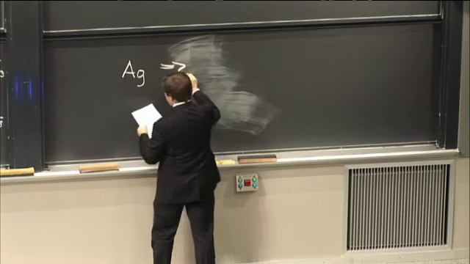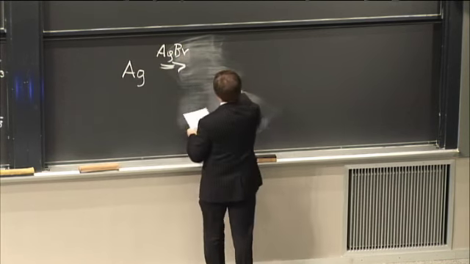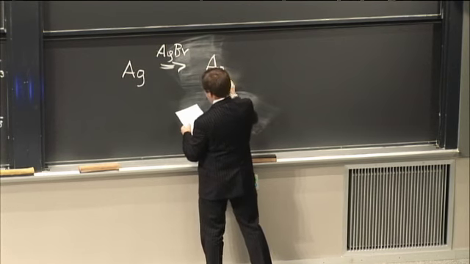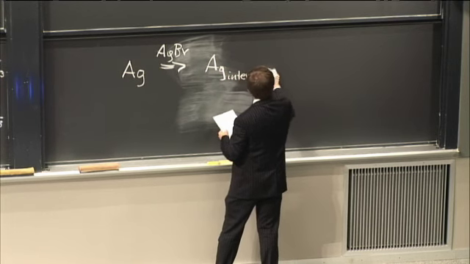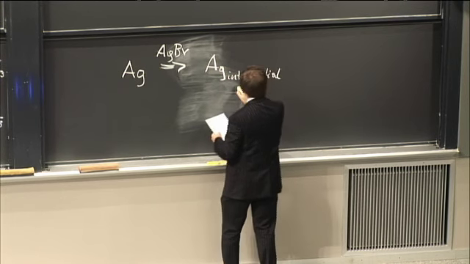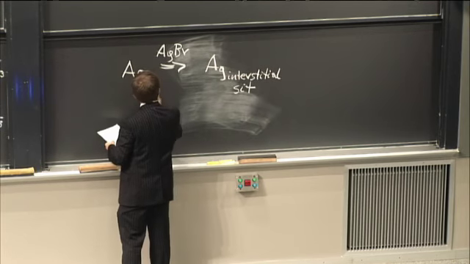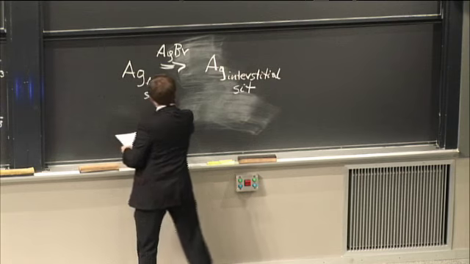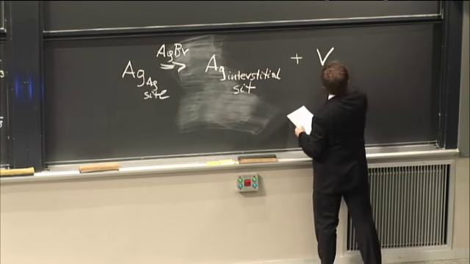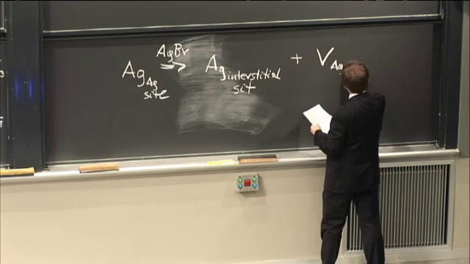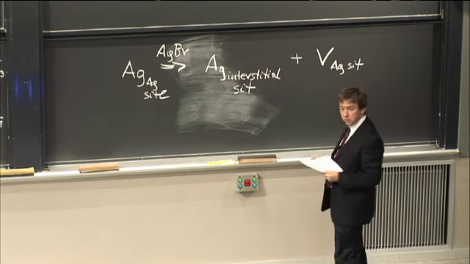So let's do that. We're going to have a silver interstitial site. And let's just, to be clear, say that this is on a regular silver site. And then we have a vacancy left over on the silver site. And this is the reaction for the formation of our Frenkel defect.